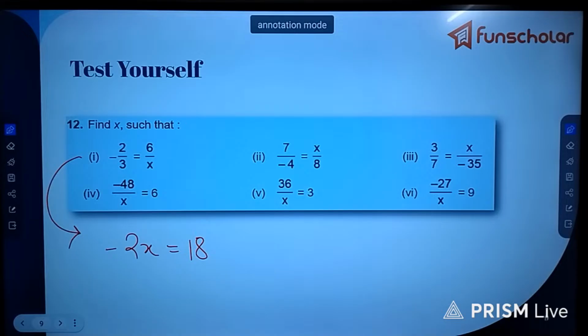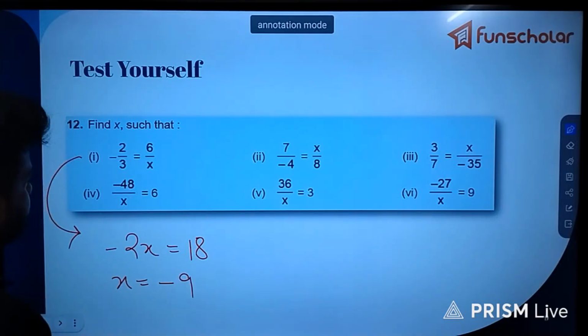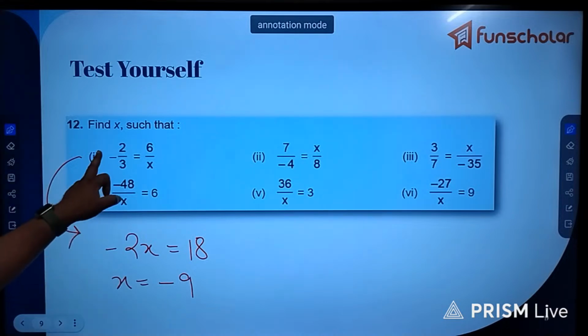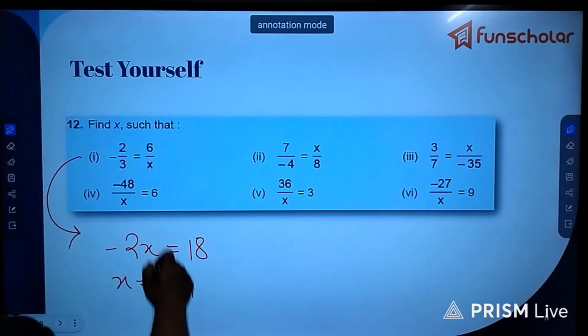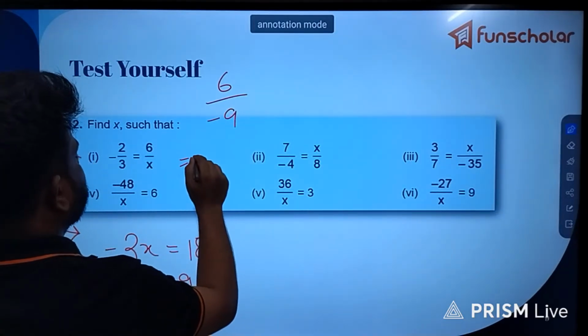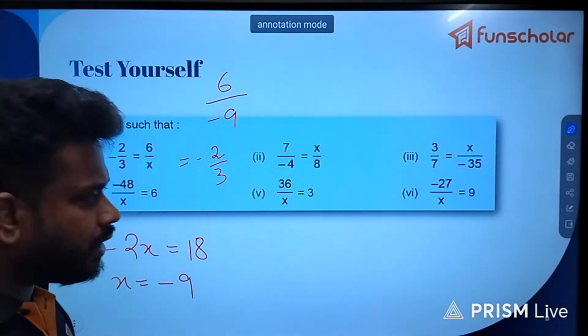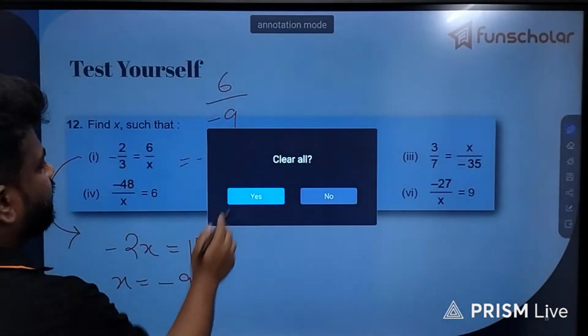Okay, so then x will be minus 9. So if x is minus 9, it will be 6 by minus 9, and if we cancel it out, it will be 2/3. Okay, done.